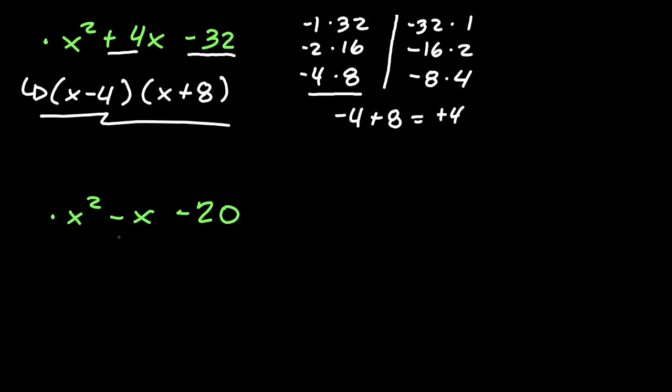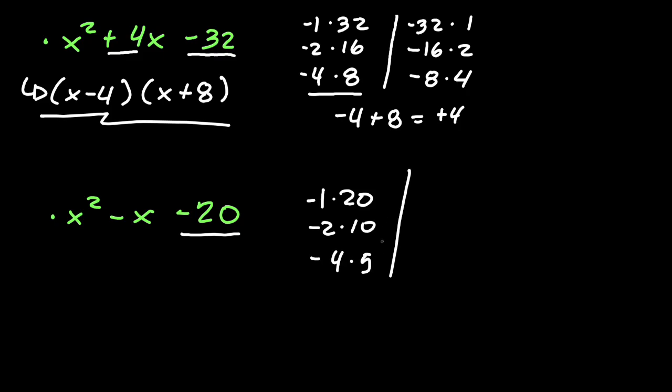For this last example, it would be x squared minus x minus 20. So find the factors of negative 20, which would be negative 1 times 20, negative 2 times 10, negative 4 times 5.